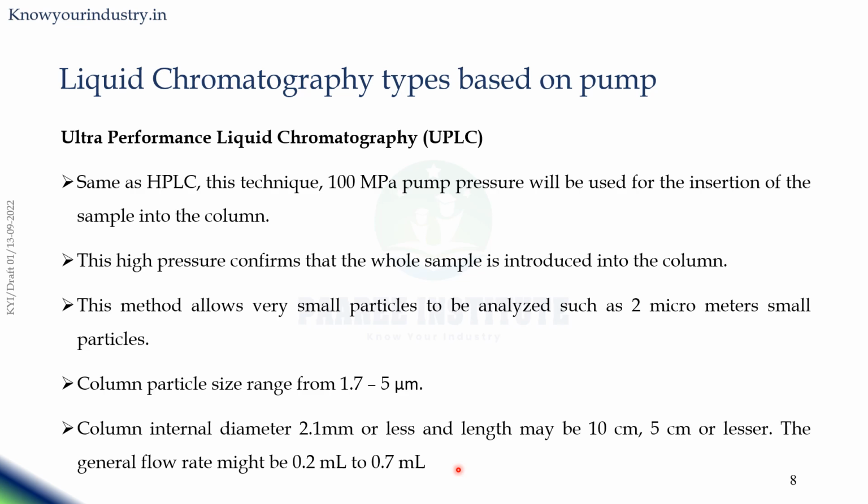You can use smaller columns, smaller internal diameters, and very low flow rates of the mobile phase in the case of UPLC, and the particle size of the analytes could be as low as 2 micrometers. So this is the major advantage of UPLC systems compared to HPLC systems.